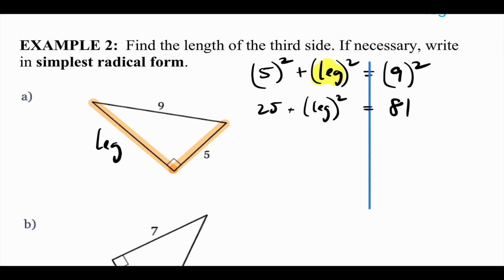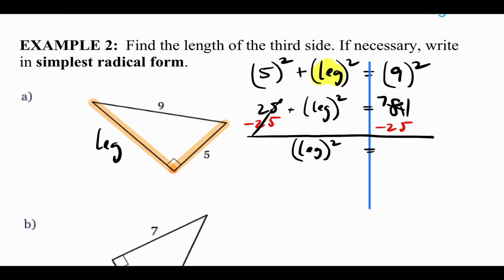What's the first thing I'm going to do here? We've done this lots of times. Yep, that's the first step: subtract 25 from both sides. So we get leg squared equals 56.